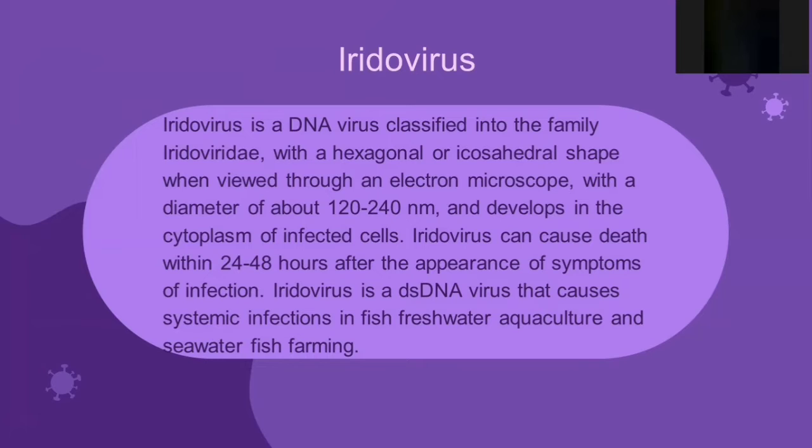Iridovirus can cause death within 24 to 48 hours after the appearance of symptoms of infection. Iridovirus is a DNA virus that causes systemic infections in freshwater aquaculture and seawater fish farming. Next.